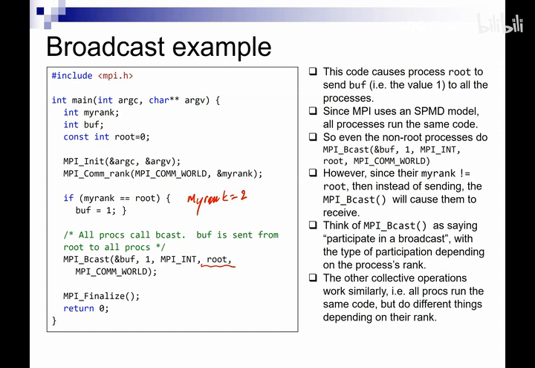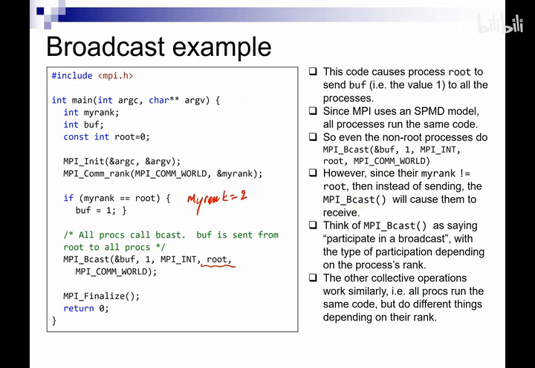So this just sort of says what I was explaining. All of the other processes, including non-root processes, are also going to call the MPI broadcast. But because the rank is not equal to the root, then instead of sending, they're going to receive.